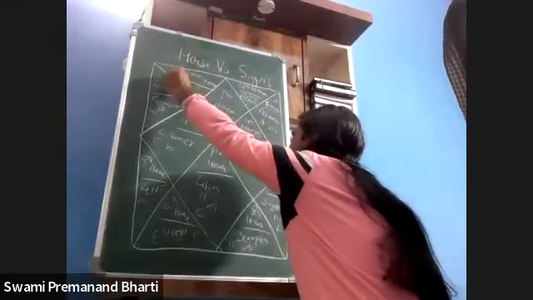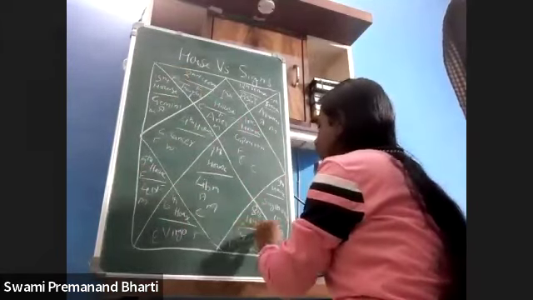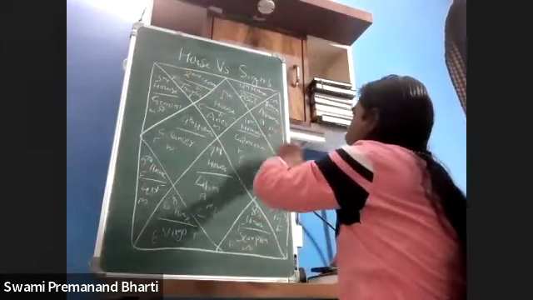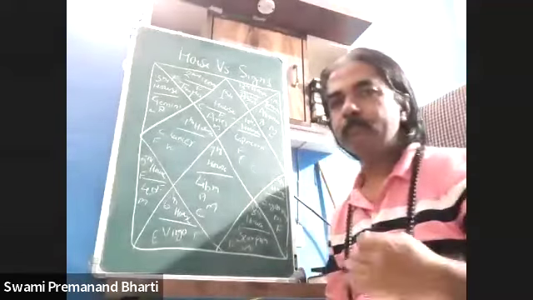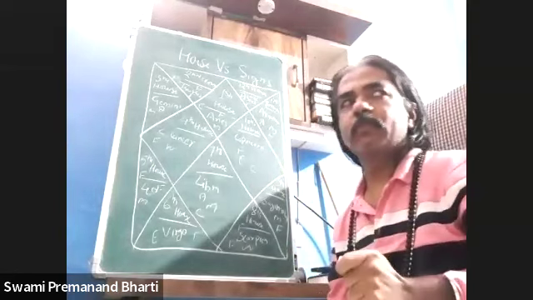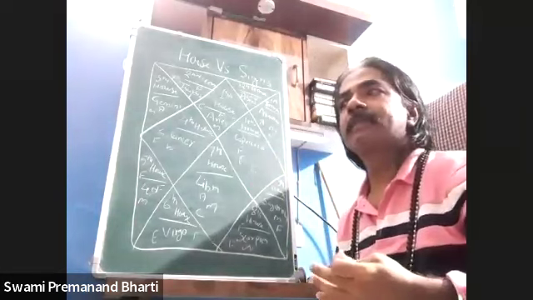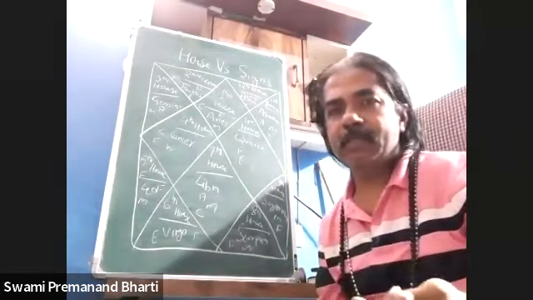Then fixed signs are Taurus, Leo, Scorpio, and Aquarius. Fixed. Fixed is like stable. Plus, it is like fixed ideas.